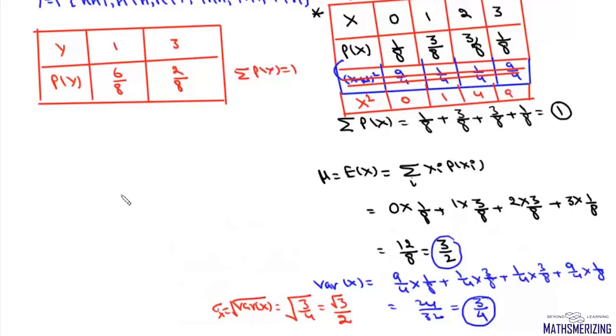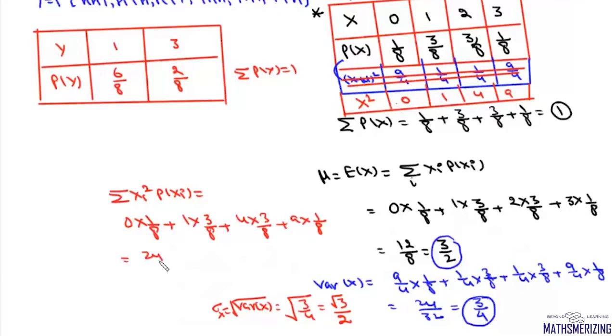So if we find summation xi square into pxi, it will be 0 into 1 by 8 plus 1 into 3 by 8 plus 4 into 3 by 8 plus 9 into 1 by 8. Now this value is 12 and 12, 24. So it will be 24 by 8, which is 3.